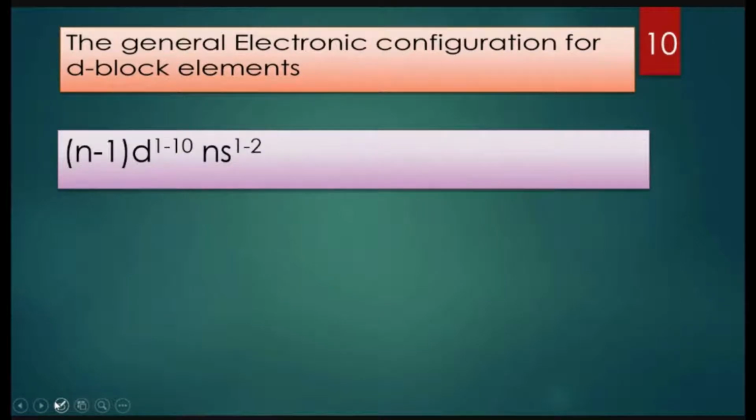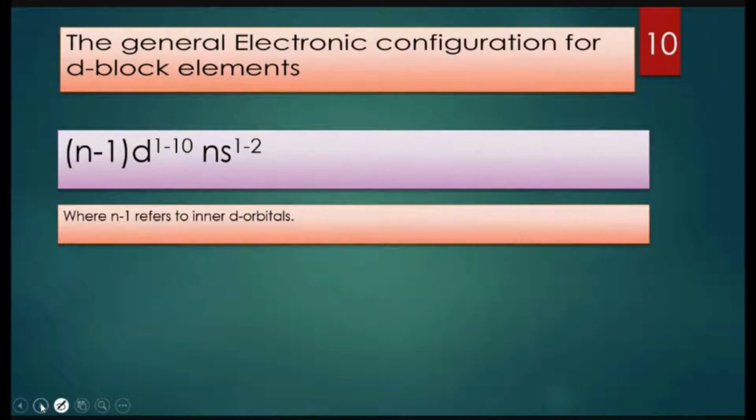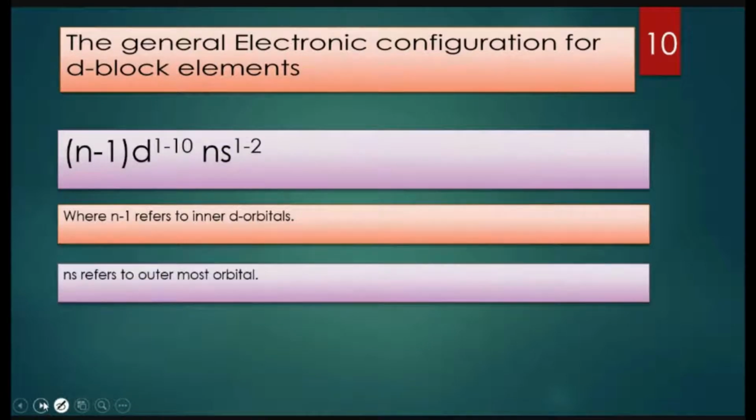So in this series of elements, the d orbital is progressively filled from 1 to 10 electrons, whereas ns refers to the outermost s orbital, and in any s orbital we can accommodate a maximum of 2 electrons. That is why we have mentioned ns 1 to 2. So what is (n-1)d here? It is the inner d orbital. (n-1)d refers to the inner d orbital and ns refers to the outermost s orbital.